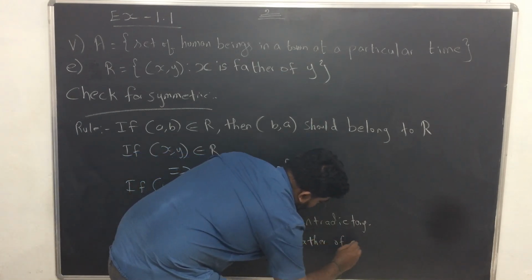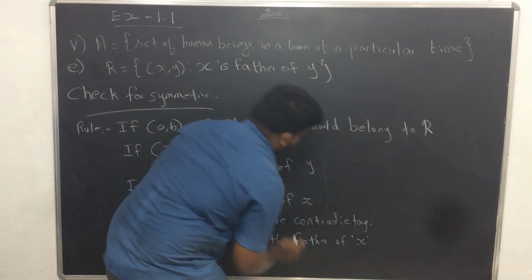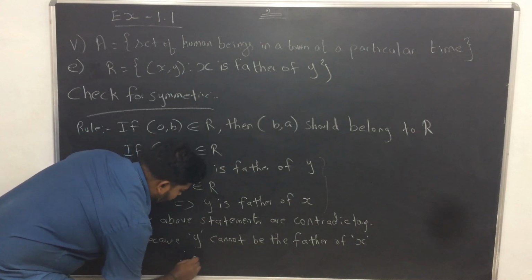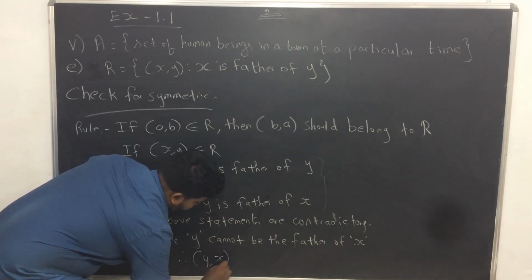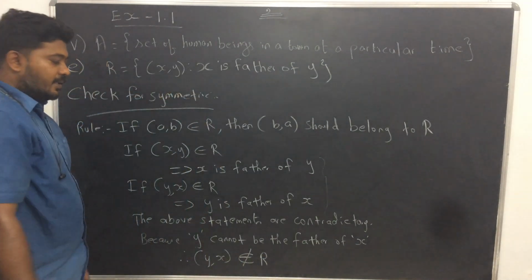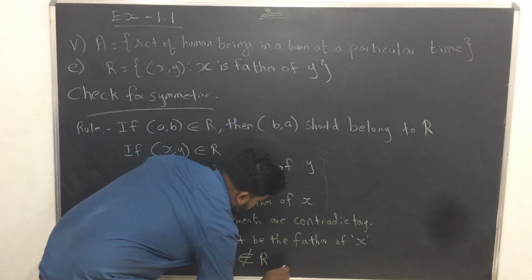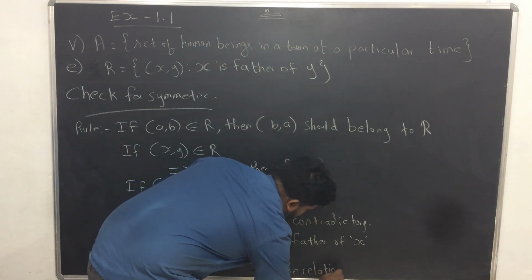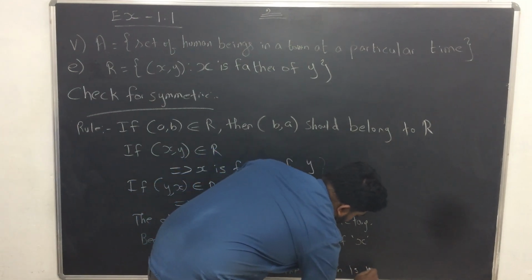So that is the reason why these two statements are contradictory. So if y cannot be the father of x, therefore we can say that (y, x) does not belong to R. Hence, is the relation symmetric or not? It is not symmetric.